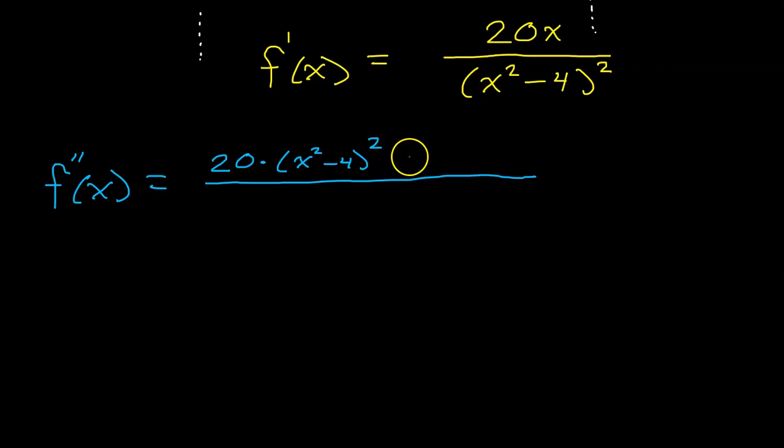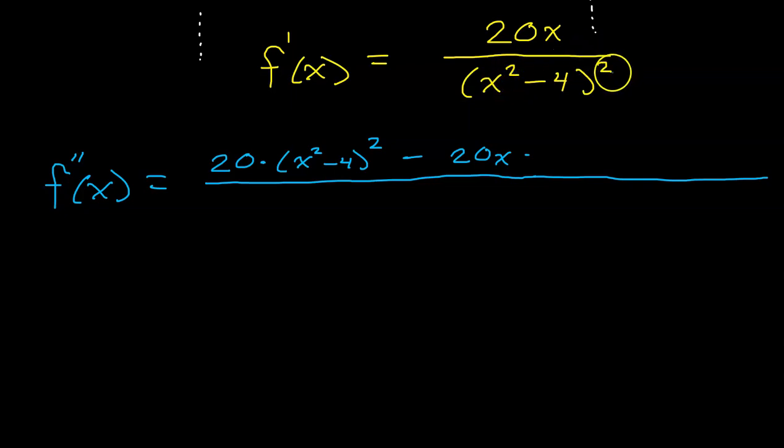Then you have to subtract, and this time around, you're going to leave the numerator unchanged and multiply by the derivative of the denominator. So for the denominator, I'm going to have to do the chain rule.